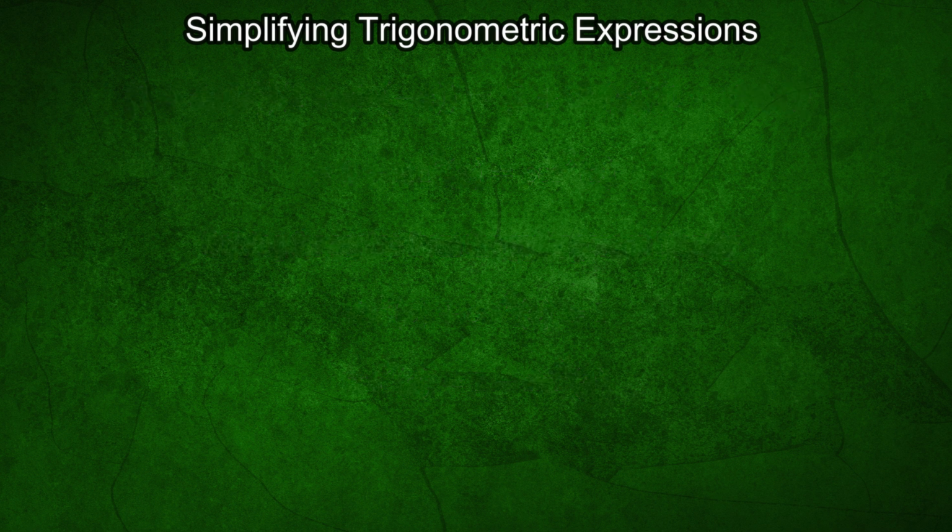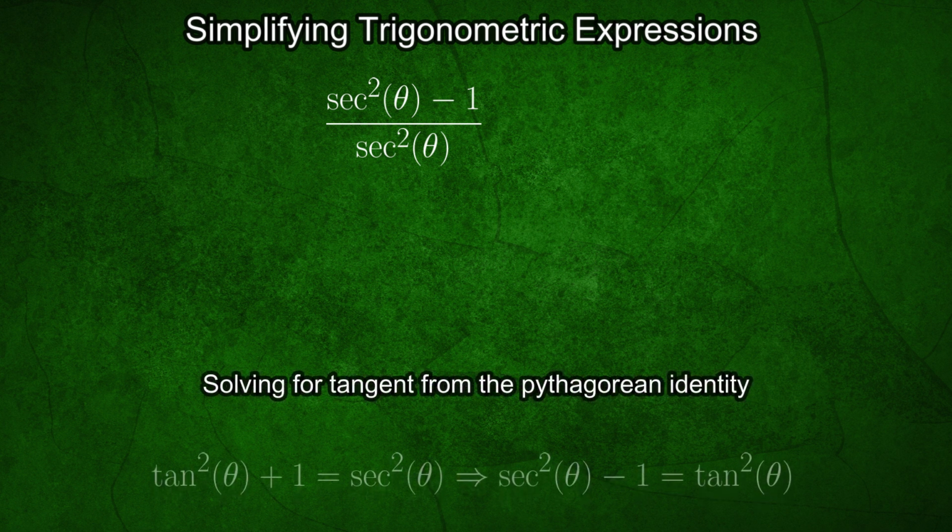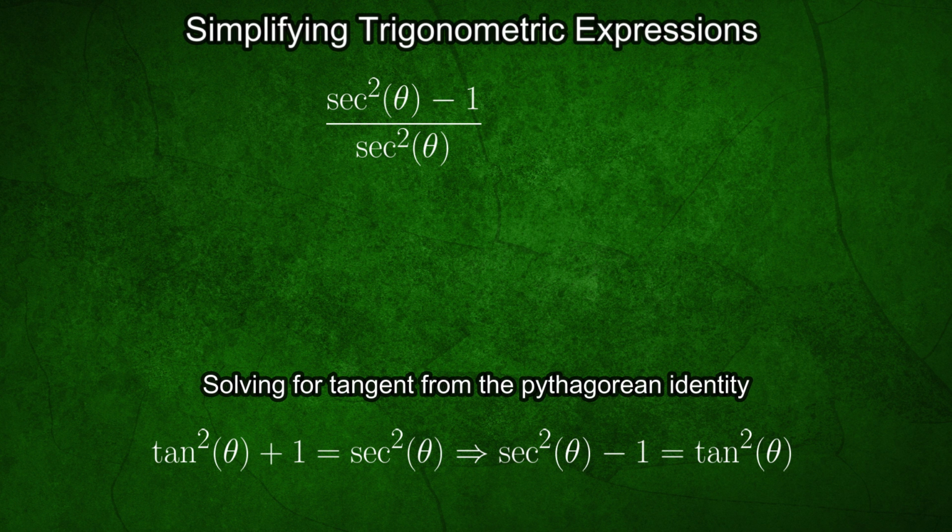Let us consider this new expression, secant squared of theta minus 1 divided by secant squared of theta. Now, one of the identities that we learned in this lesson is that 1 plus tangent squared of theta is equal to secant squared of theta.